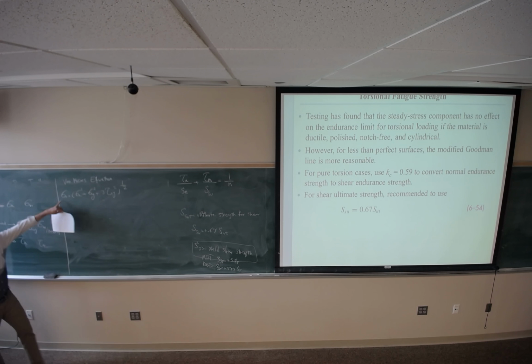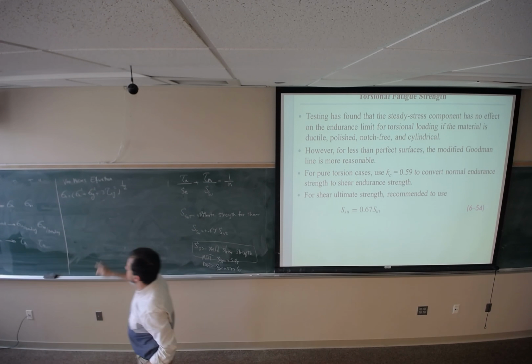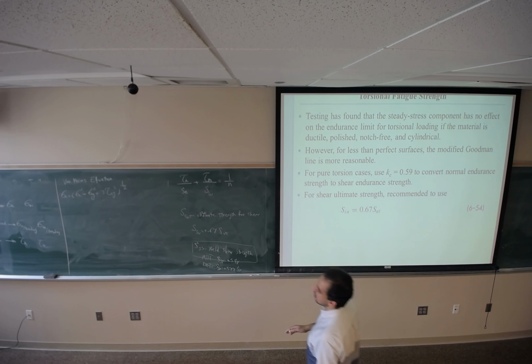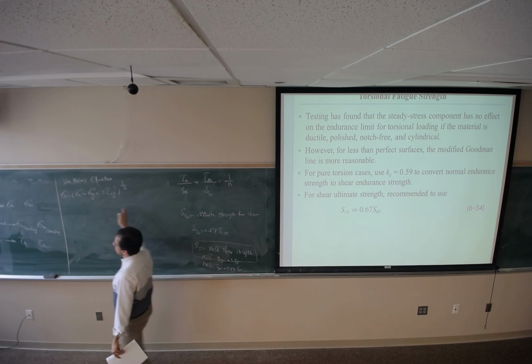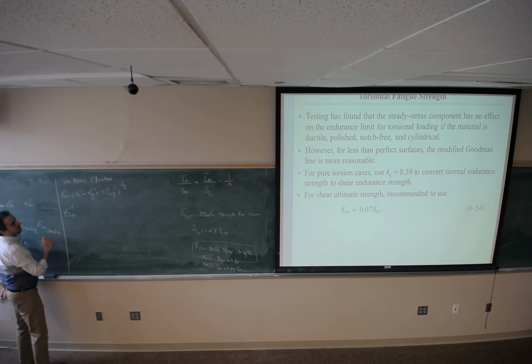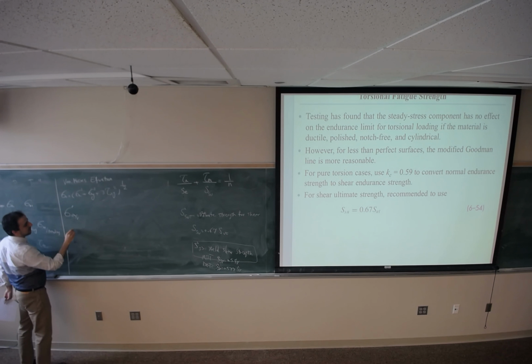It's when we talked about the distortion energy theory, we defined the von Mises equation for the stress. So what I'm gonna do, I'm gonna define one sigma prime A for von Mises and one sigma prime M for von Mises.